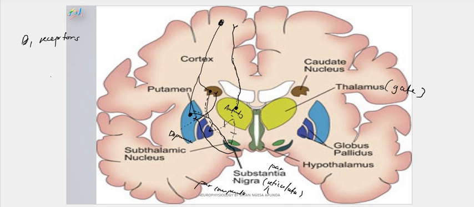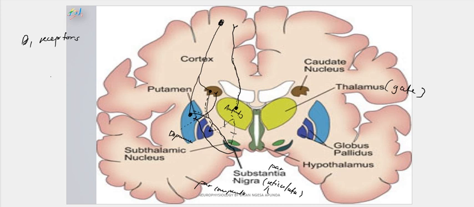So provided we inhibit our globus pallidus internus and substantia nigra, that means our thalamus will be free, and it will be able to execute its excitatory role to the cortex. And remember, this is now the primary cortex.